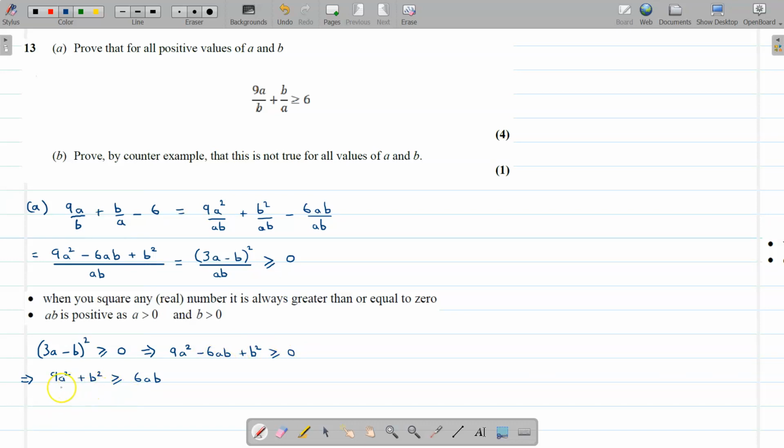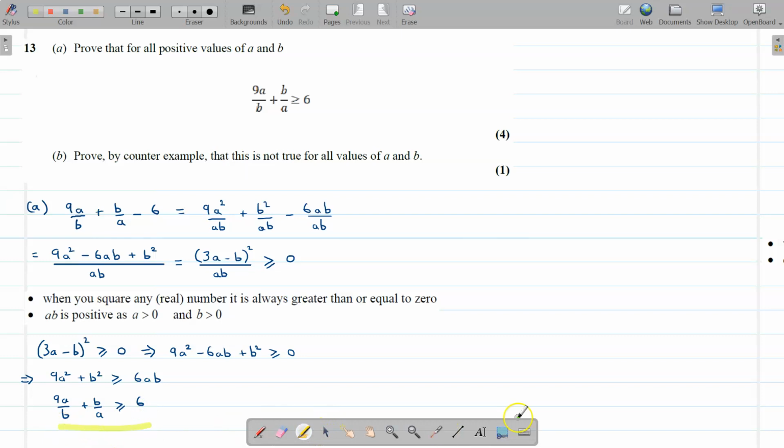And then if I divide by ab, I can say that 9a over b plus b over a is greater than or equal to 6, which is the result we had to prove.